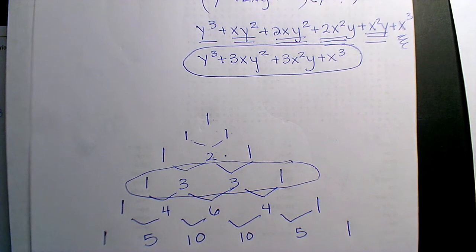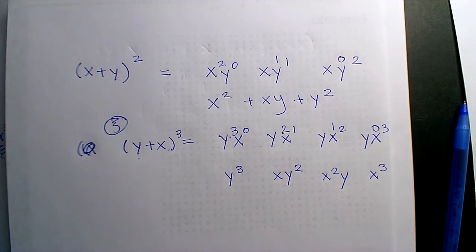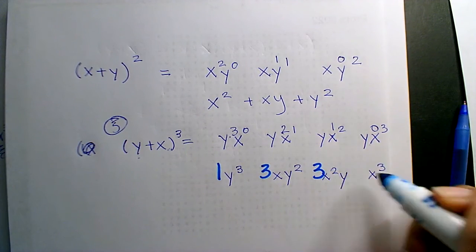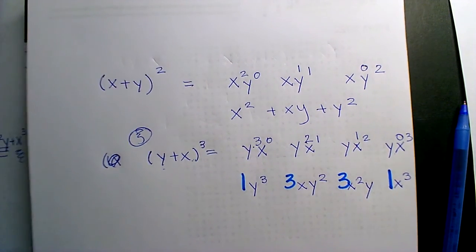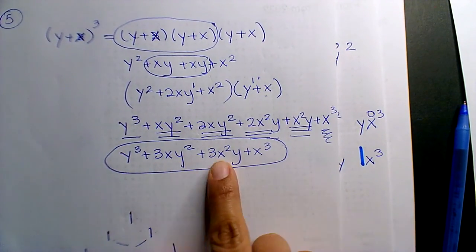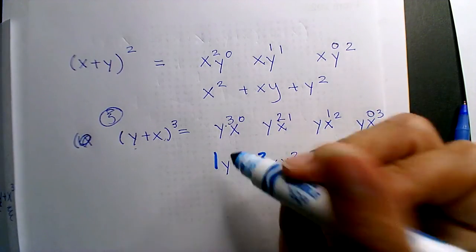It goes 1, 3, 3, 1. So it is 1, 3, 3, 1. And that's exactly what we got when we solved it by hand. Y cubed plus 3xy squared plus 3x squared y plus x cubed, and that's exactly what I have.